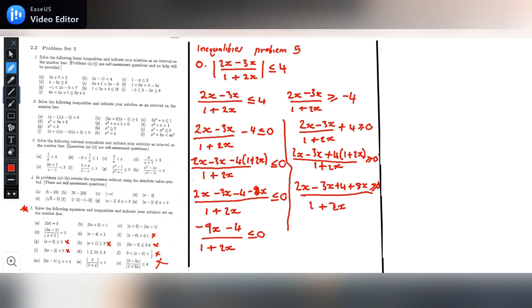Solve for x. 2 minus 3 plus 8 is 7. 7x plus 4 over 1 plus 2x.